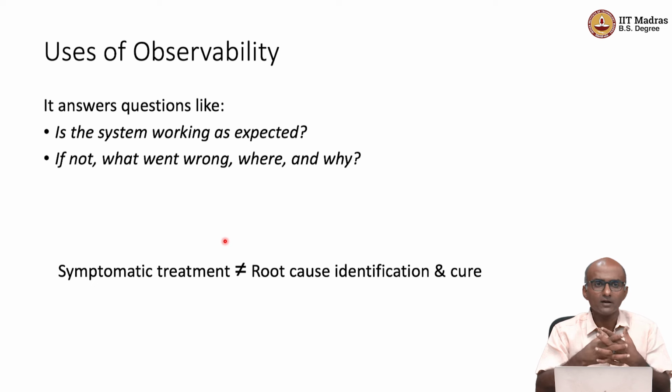It's going to work in most of the cases which are common, but it's not the same thing as root cause identification. The cure, or the response you want to take, depends obviously on the root cause that's been identified. And therefore, if you're not able to find the root cause accurately, then you're going to end up having a cure that is either a patchwork or potentially not a cure at all.